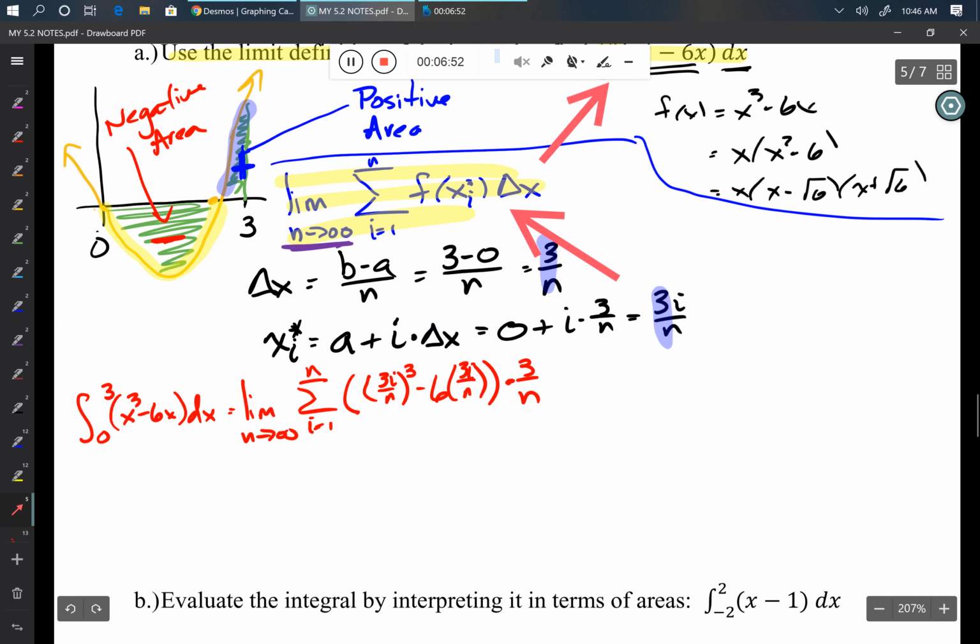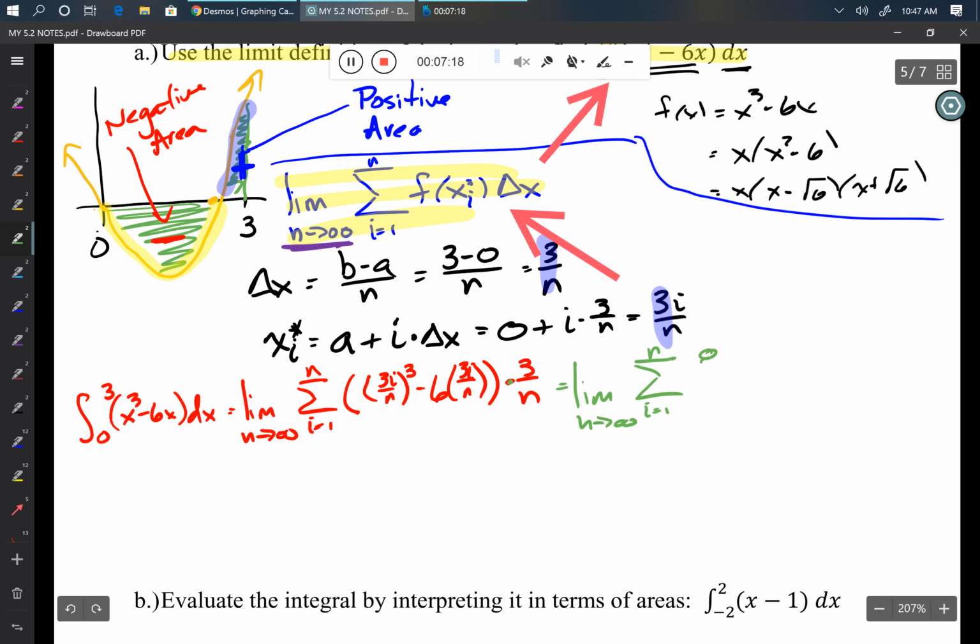Now I need to start doing evaluation of this. Okay? So this is going to become then the limit as n approaches infinity of the summation as i goes from 1 to n of 3 cubed is 27 times 3 again, 27 times 3 is 81.